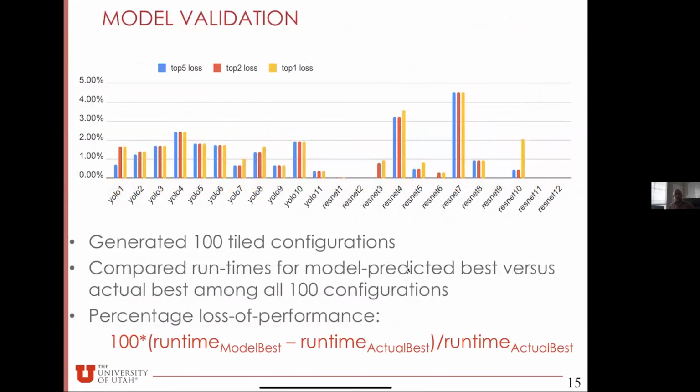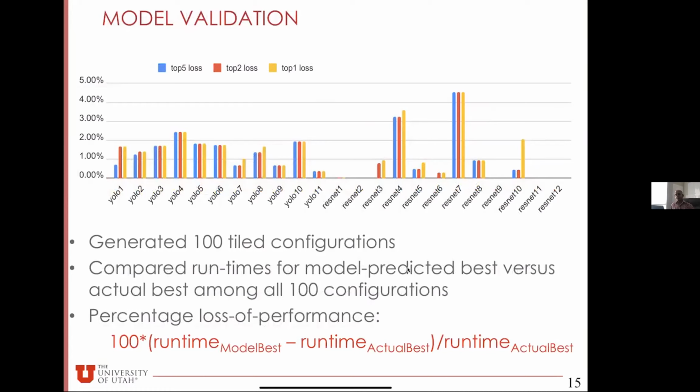So here's a slide that shows some of the results from our attempt at validating the model, to see how effective the model is with respect to actual execution. In this experiment, we generated a set of 100 tiled configurations.